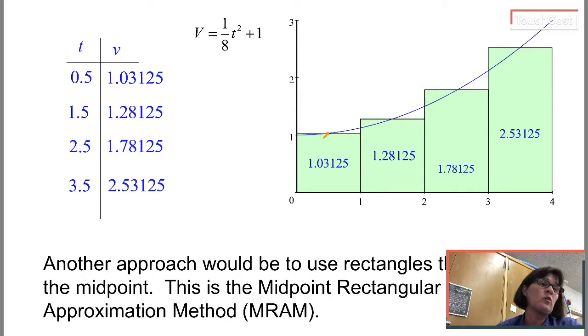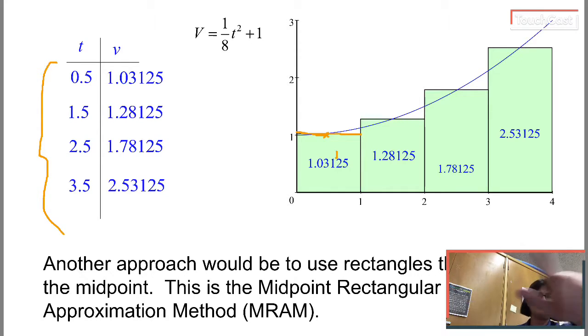So halfway between 0 and 1 is 1/2, or 0.5. And you can see that when the input is 1/2, that's the output I've chosen to give the height of my rectangle. You can see the table of values I have here.